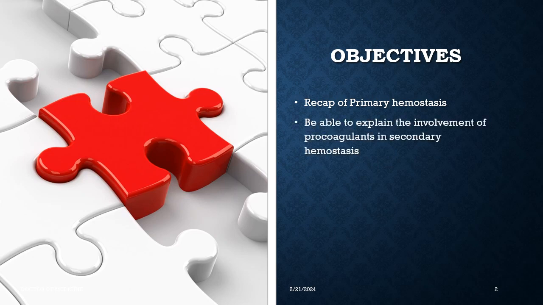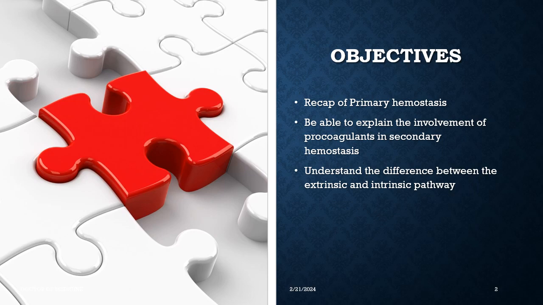We'll also talk about the involvement of procoagulants in secondary hemostasis. We'll mention the differences between the extrinsic and the intrinsic pathway, and the link between the two pathways, what we call the common pathway.